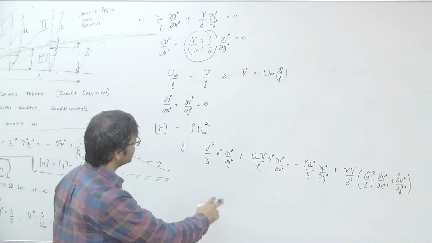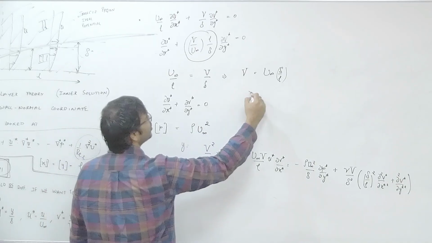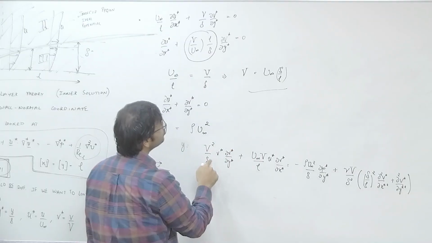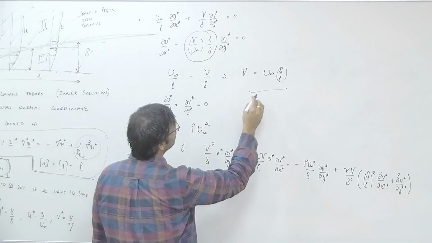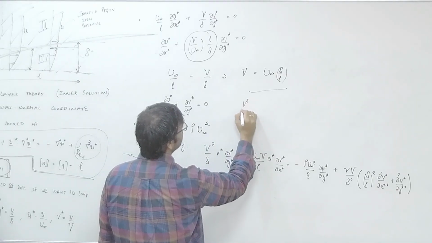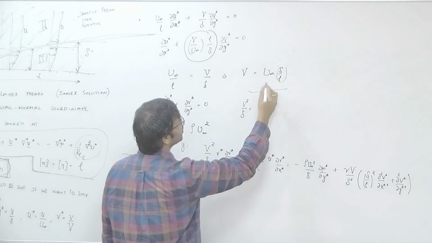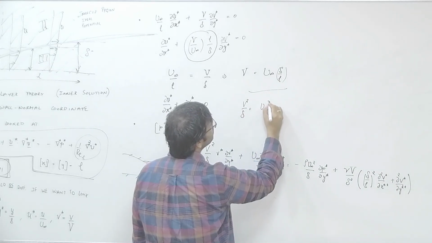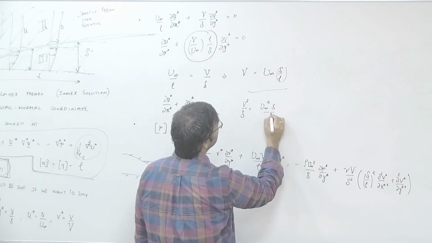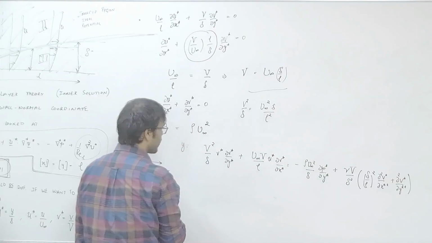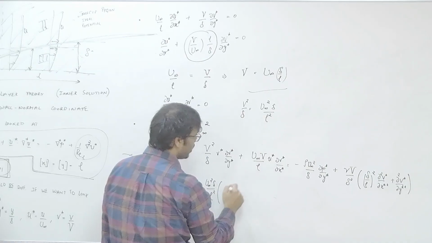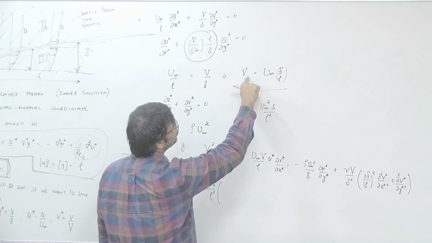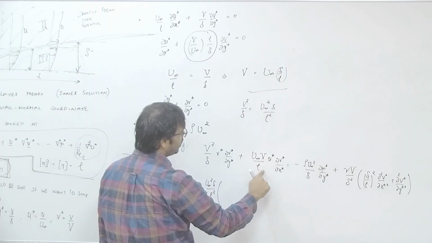Okay, this is our non-dimensionalized y momentum equation. Let us try to simplify it using this relation. So V squared by delta, what do we get from here? You have U infinity squared delta over L squared. Same from here, when you substitute V as U infinity delta over L, you will get the same thing.